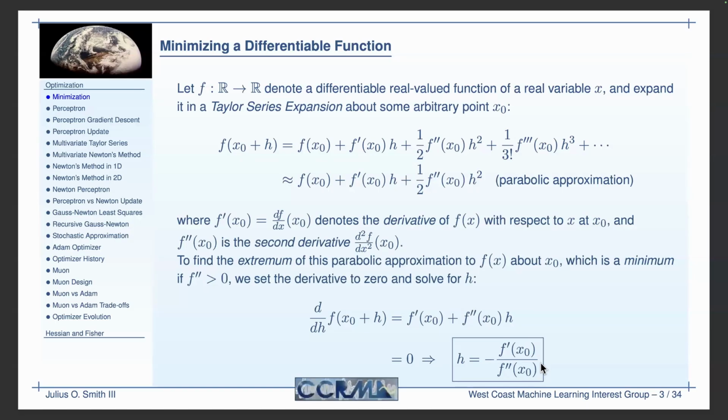And all reasonably smooth functions are reasonably well approximated at the solution by a parabola because they have vanishing higher order terms. Close to the solution for a smooth function, these higher order terms vanish, and so this becomes a really good approximation. Everything becomes approximately quadratic if it's reasonably smooth near the solution.